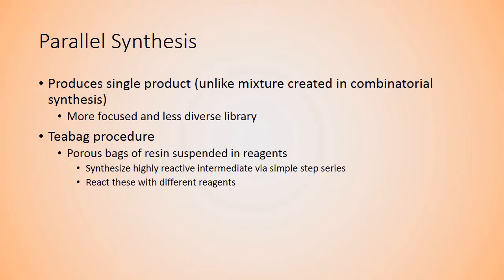And then we're going to react these intermediates with varying different reagents. By creating a highly reactive intermediate, we know exactly what that intermediate is going to be. So then we take that intermediate and we react it with different reagents, and that is going to allow us to pinpoint specifically which reagent is what, and it's going to be one compound versus a cocktail of compounds.